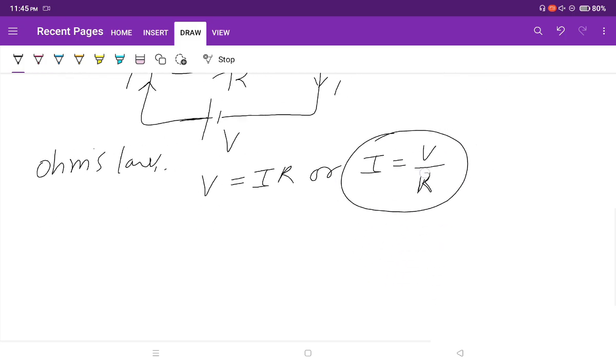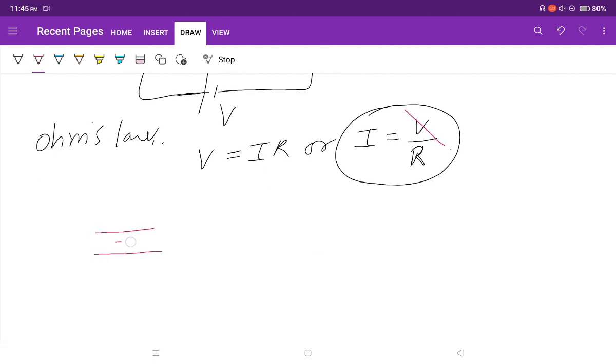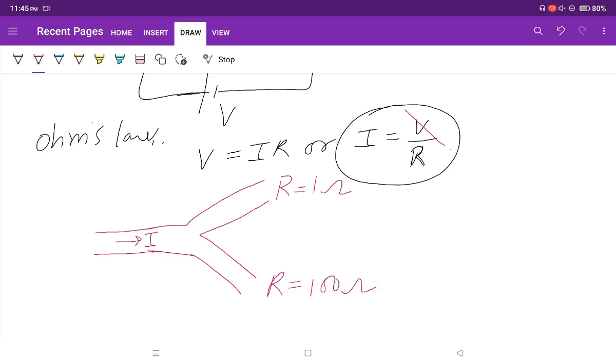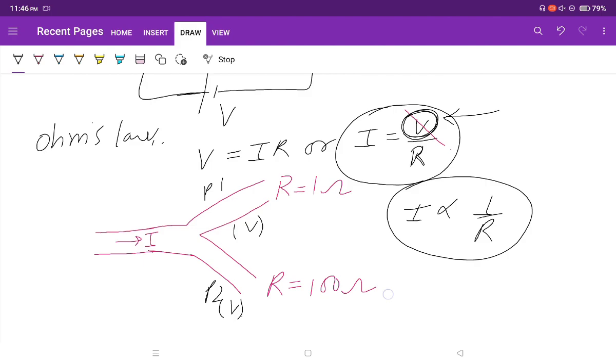Now with a common, same voltage, the current coming in has two paths with resistance R equals 1 ohm and R equals 100 ohms. Suppose both paths P1 and P2 have the same potential difference, say V and V. For the same V, current is inversely proportional to resistance.